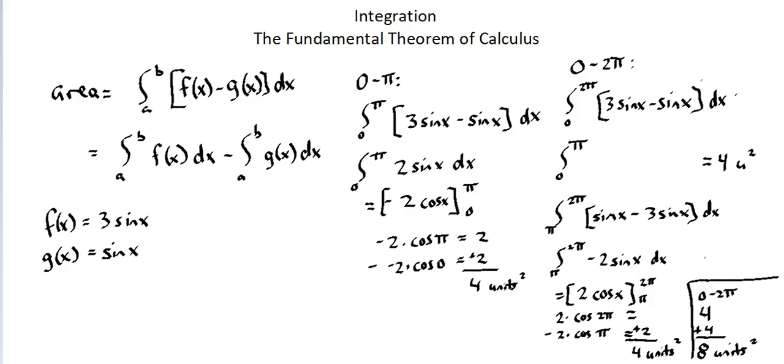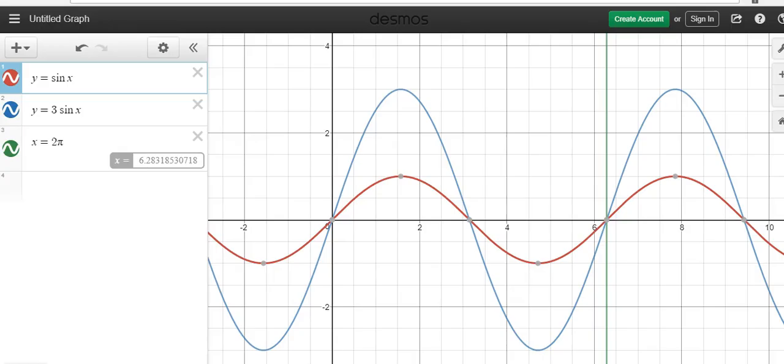Let's look again at our graph. If we don't switch the order of the functions in the interval pi to 2 pi, and we subtract 3 sine x, which is the lower curve, minus sine x, which is the higher curve, we end up with a negative area value.